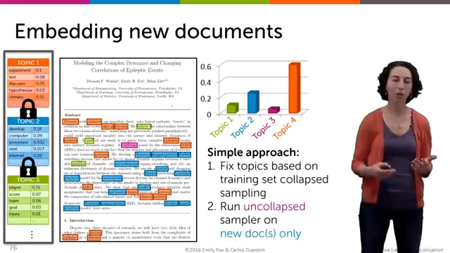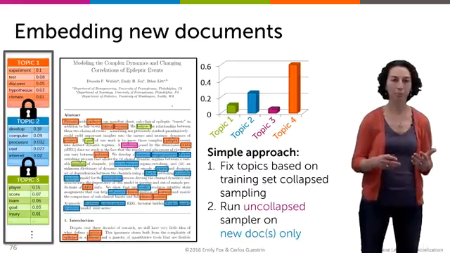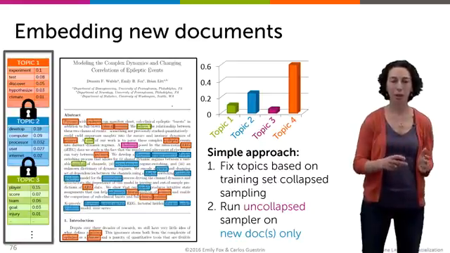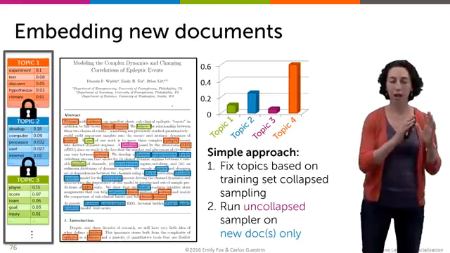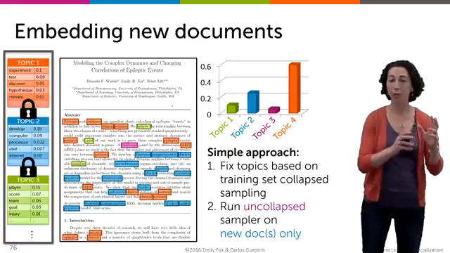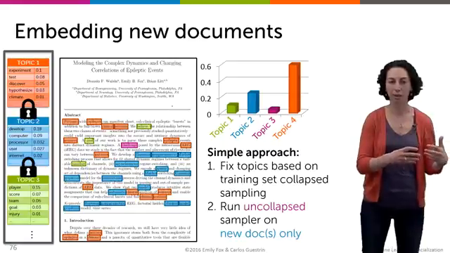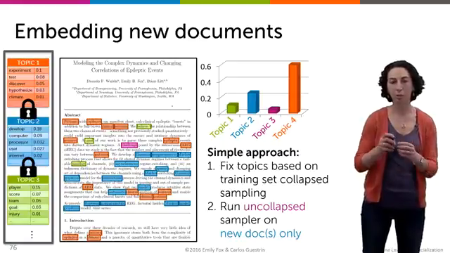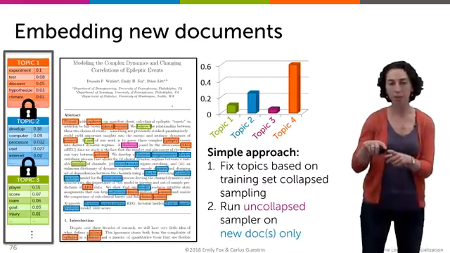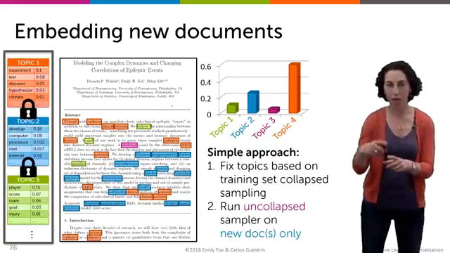So one thing that you could think about doing, which is an approximation procedure, is to fix the topic vocabulary distributions using the procedure that we described in the previous slides, and then having our topics fixed, so that's the description we can think of as trained on a set of documents that we've already looked at, we can embed new documents just by running an uncollapsed Gibbs sampler just on that document.